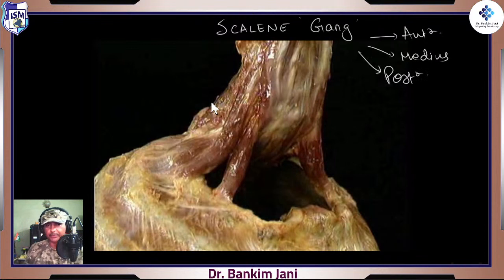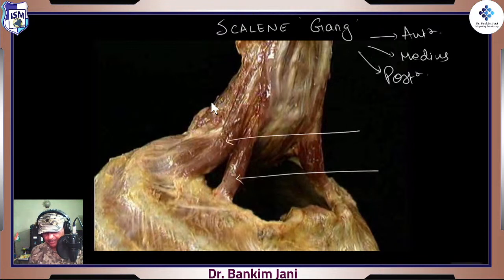These are highly influential muscles. Even big structures are passing through them, which is very important, and one of the important structures, I think you remember. We'll come to it. So here it is: anterior, medius, and this one is posterior.